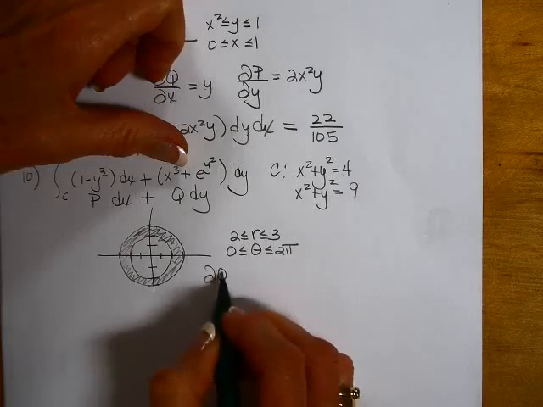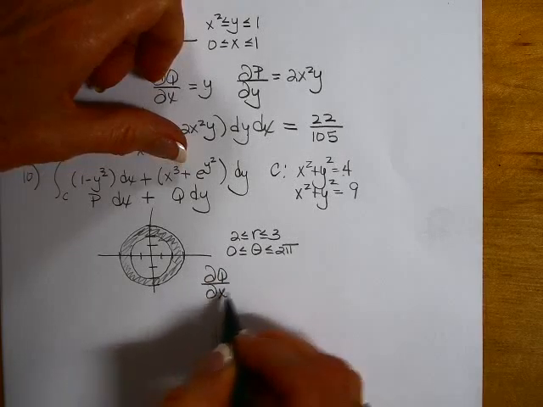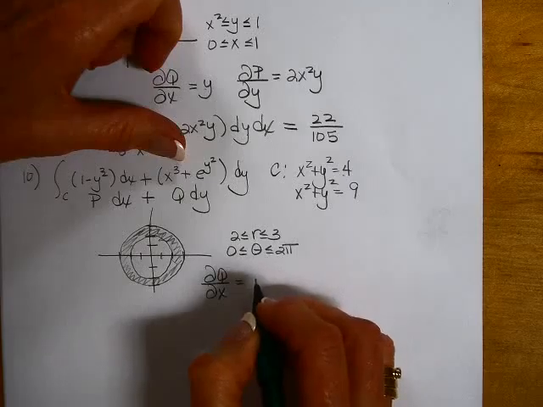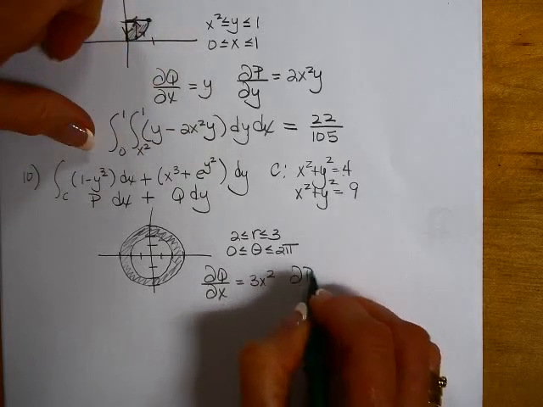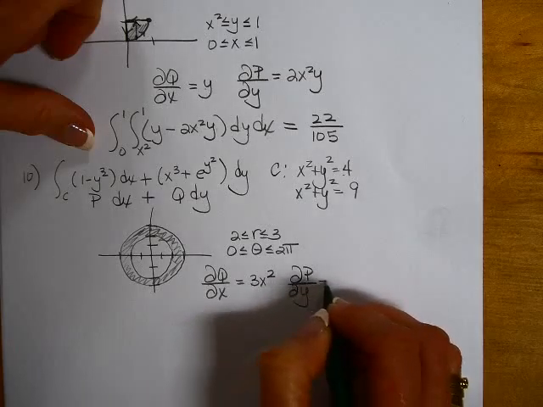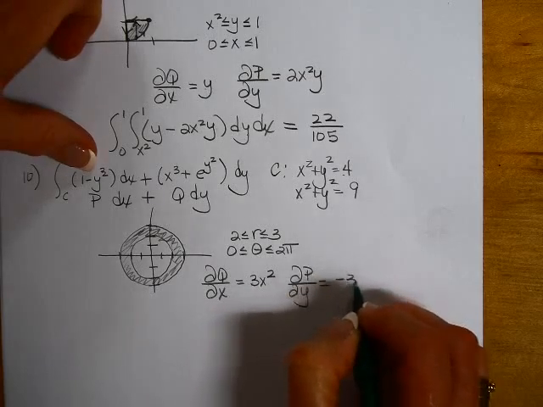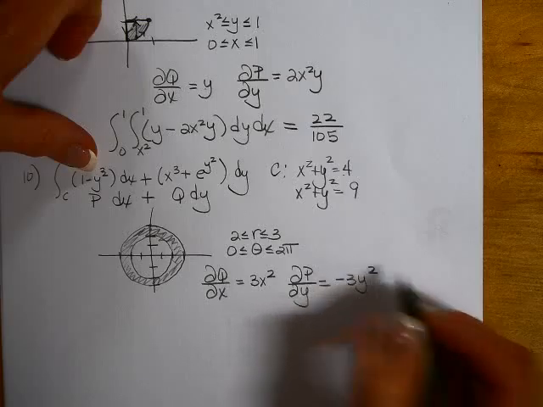I'm going to do my partial of q with respect to x, which is 3x squared. The partial of p with respect to y is negative 3y squared.